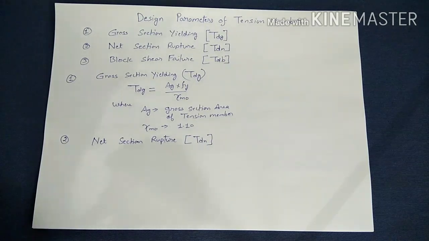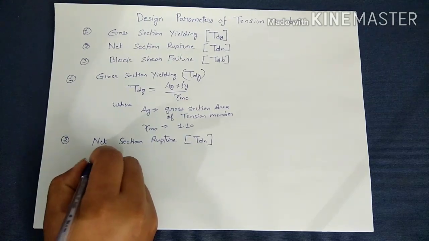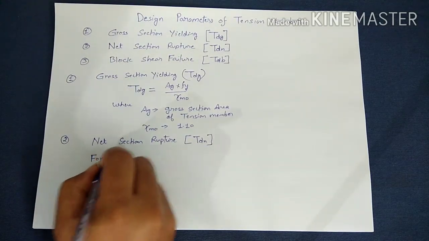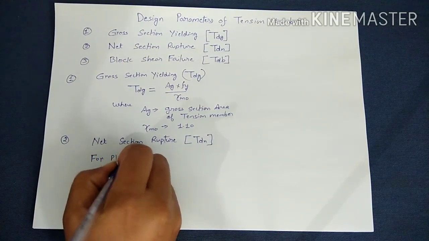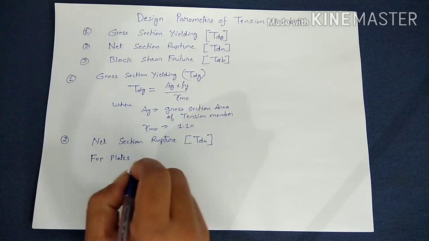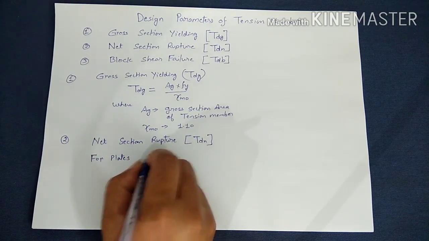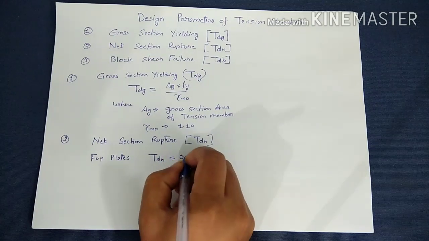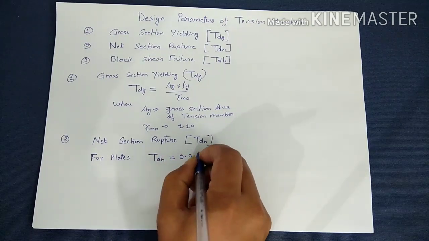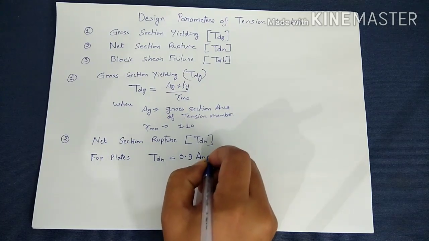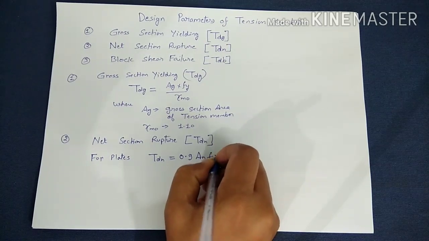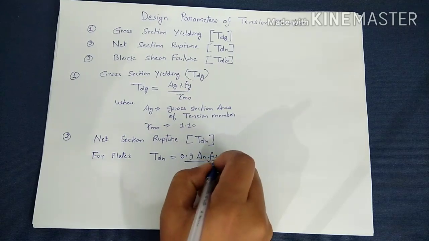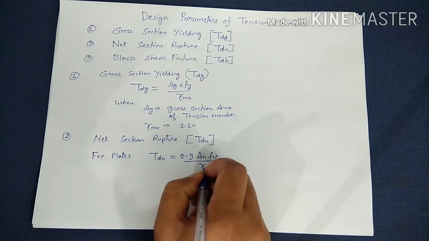So for plates, it is given as TDN equals 0.9 AN, that is net area, Fu upon gamma m1.